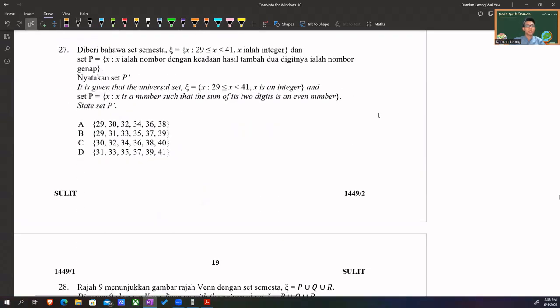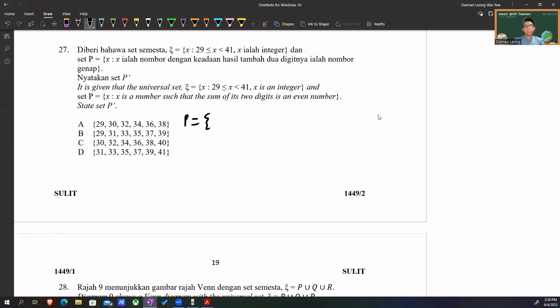Question 27. Given that the universal set is x where 29 is less than or equal to x, less than 41, x is an integer, which means it doesn't include 41. Set P is x where x is a number such that the sum of its 2 digits is an even number. State set P complement. Set P complement means everything not inside set P. So best to identify what's inside set P first.